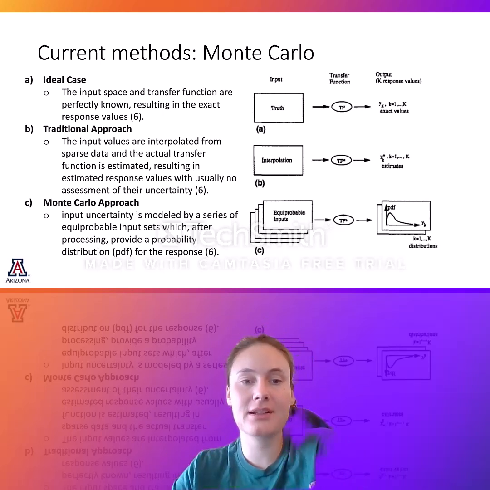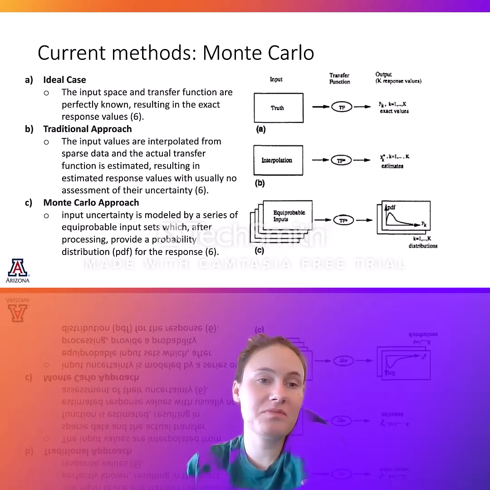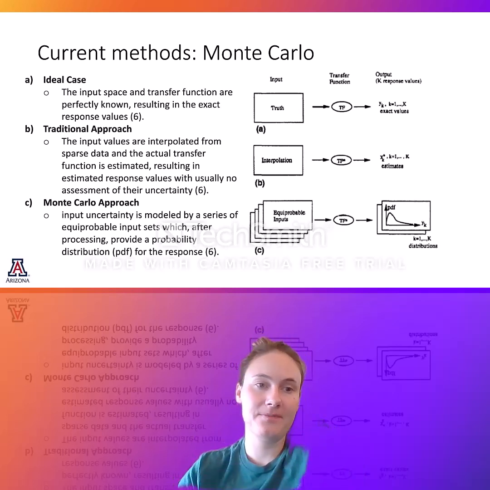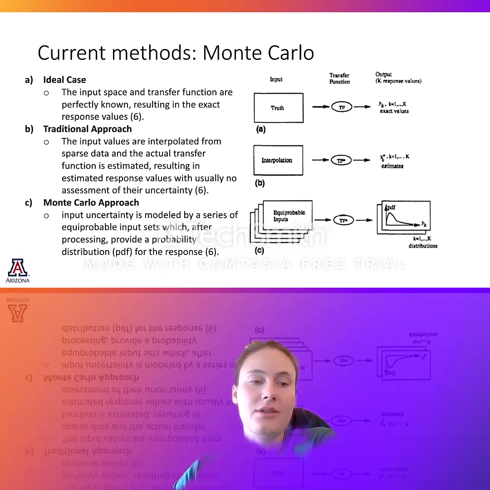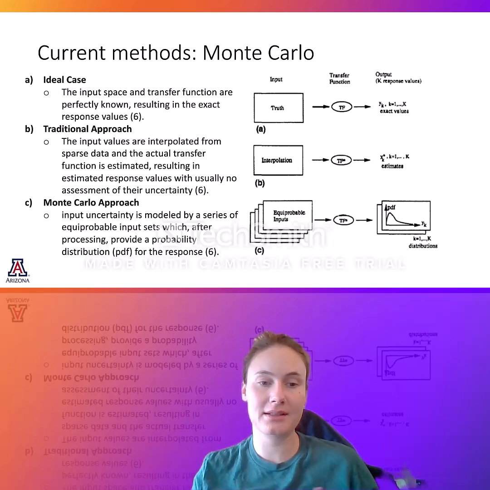The input values are interpolated from sparse data, and the actual transfer function is estimated, which results in estimated response values, and there's no assessment of their uncertainty. And then you have the Monte Carlo approach, which takes into account that uncertainty.